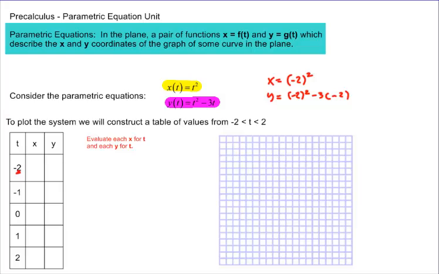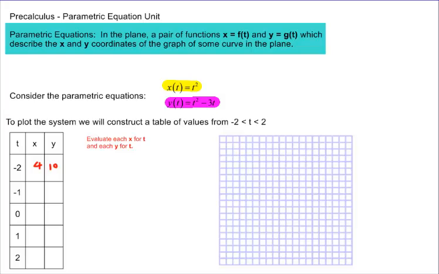Okay, so the x-coordinate is going to be 4. The y-coordinate is going to be 4 plus 6, which is 10. That's how you get all of these points: you take your value for t and plug it into your x and y equations. So let's look at another one.